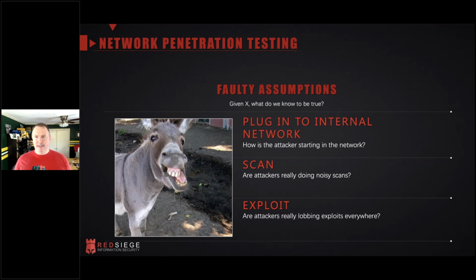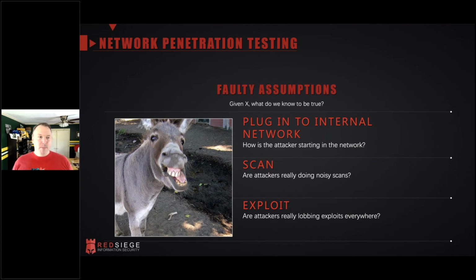And then the exploits. Are they lobbing exploits anywhere? Realistically, no. You ask any pen tester or red teamer these days how they're getting access, and it's not going to be that MS08-067. There's still a couple of those floating around, but those types of flaws are going away. The reliability of those exploits is going away.